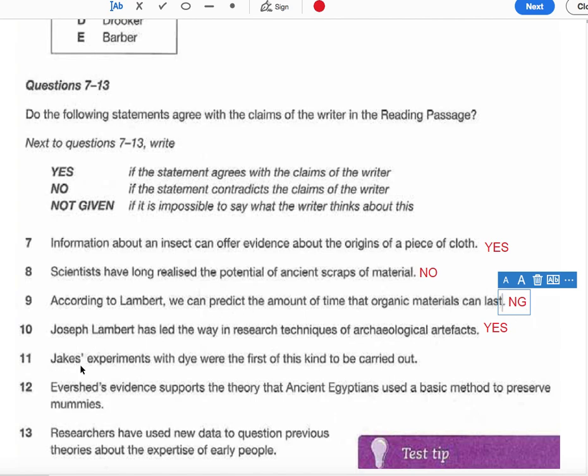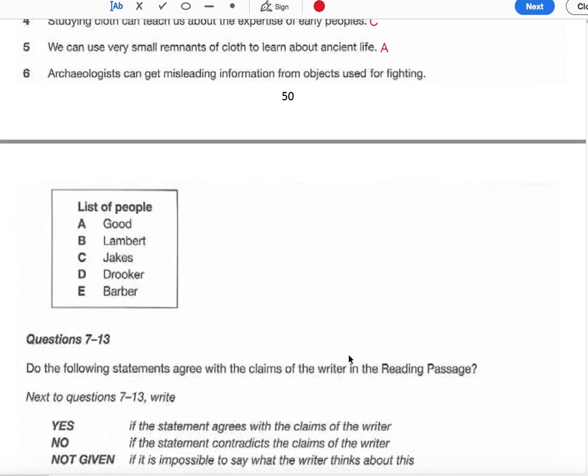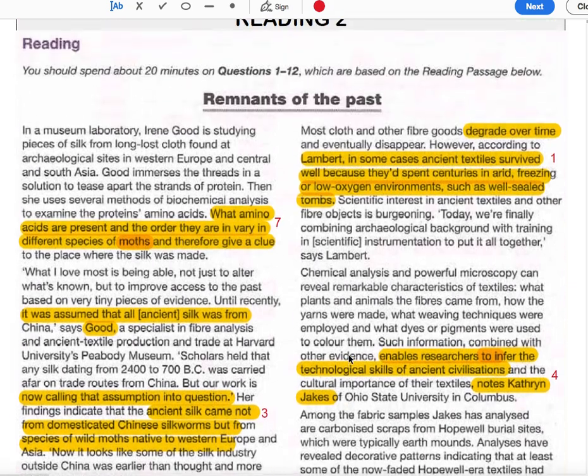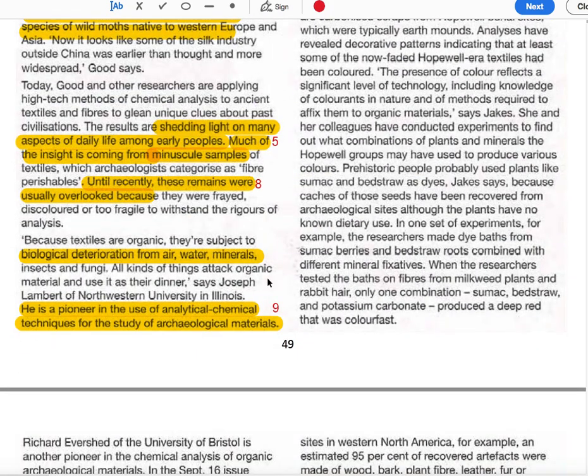Now we have Jake's experiments with dye were the first of this kind. I remember it was talking about Jake's over here. So actually, let me put over here. Oh, this is 9. Sorry, and this one is 10.